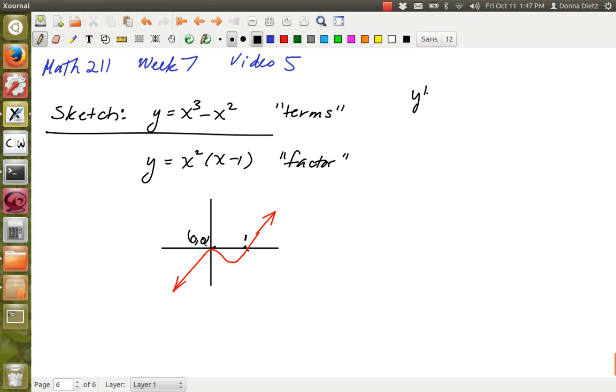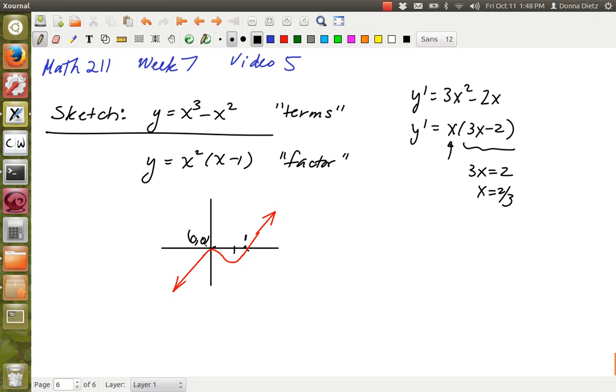So y prime is 3x squared minus 2x, which if we factor out an x, we get x times 3x minus 2. So y prime is 0 when x is 0. We already knew that. But the other place is at 3x minus 2 equals 0. Put the 2 on the other side. x is equal to 2/3.